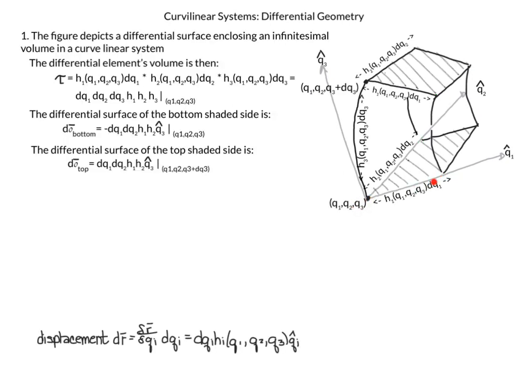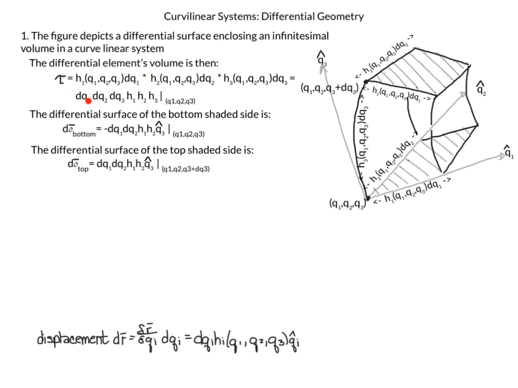Now we can calculate our volume. We have this side here, our h1 times delta q1, our h2 times delta q2, and this length here is our h3 times delta q3. So this is our volume. And remember, our scaling factors are just constants, so we can pull those out.